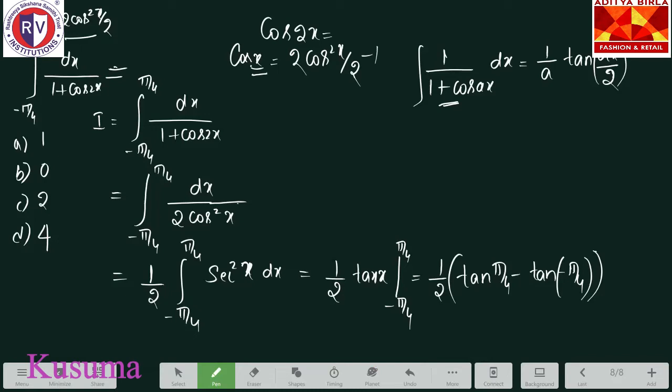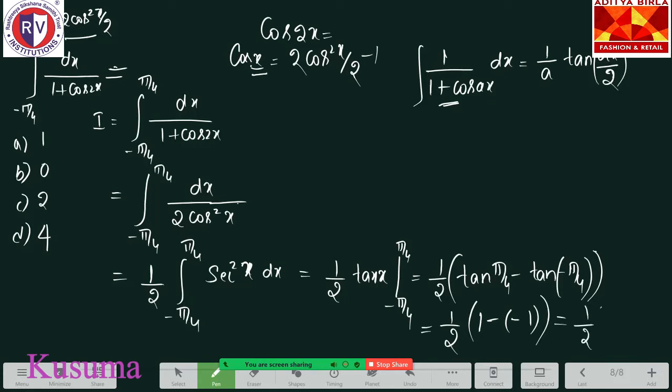So tan pi by 4 is 1, we know, minus tan of minus pi by 4, which is minus 1. So this is 1 by 2 into 2, which is equal to 1.